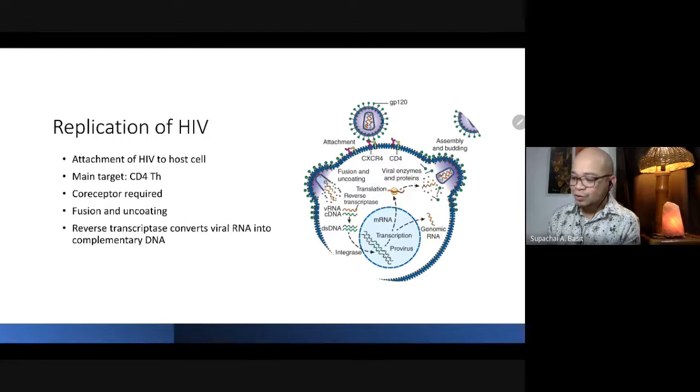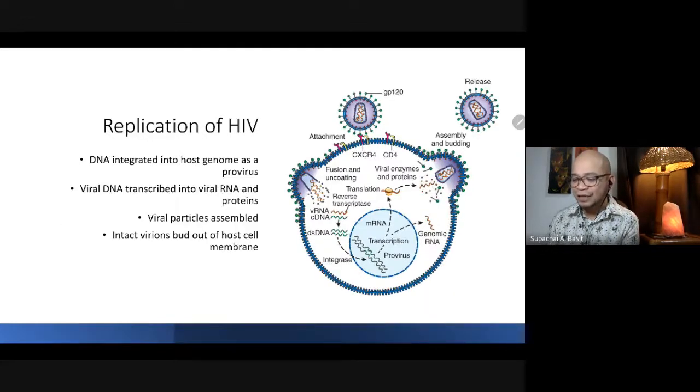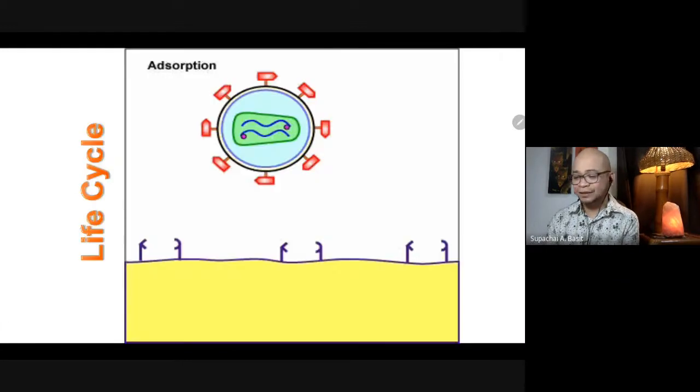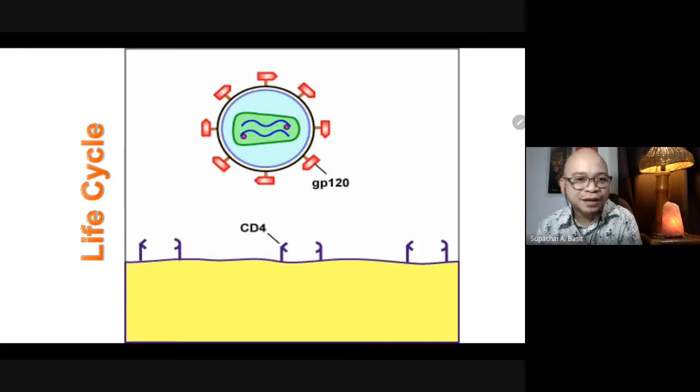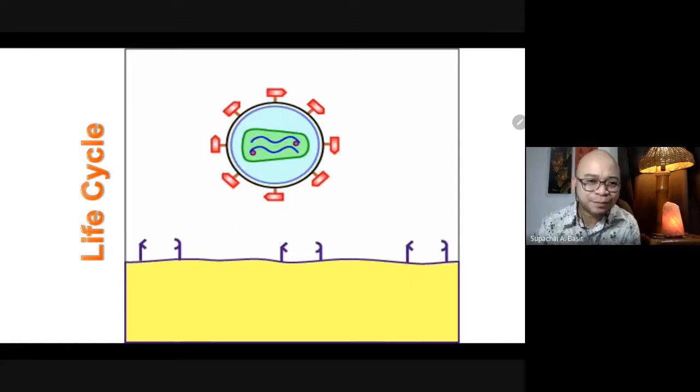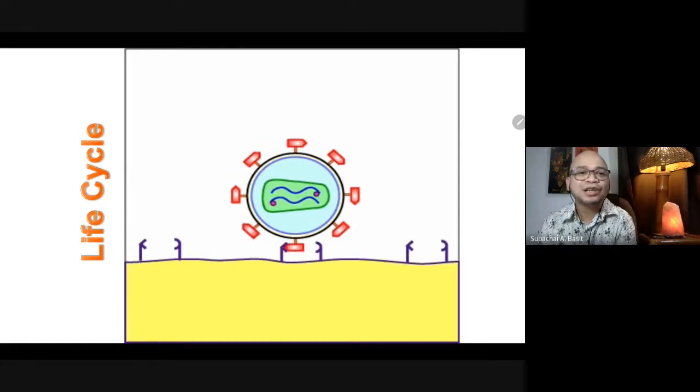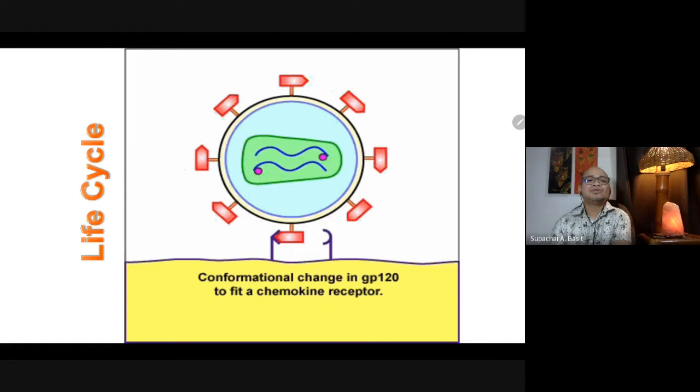Okay. So perhaps before we discuss the replication of HIV, let me show you first the GIF animation so that we'll be able to understand it much better. So there. The virus, through the envelope glycoproteins and chemokine co-receptors, CCR5 and CXCR4, will attach to the T helper cell.